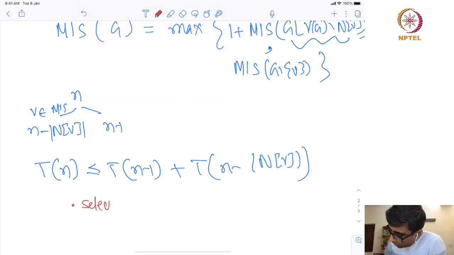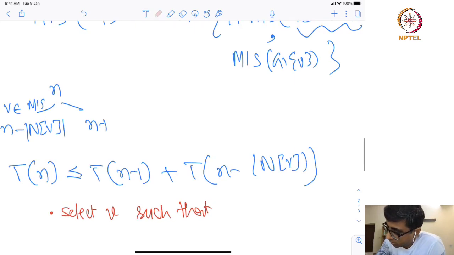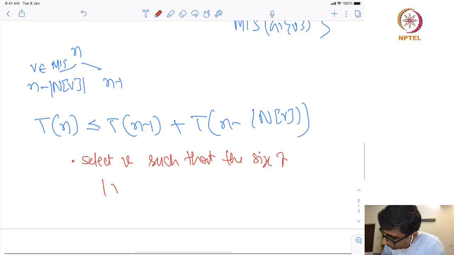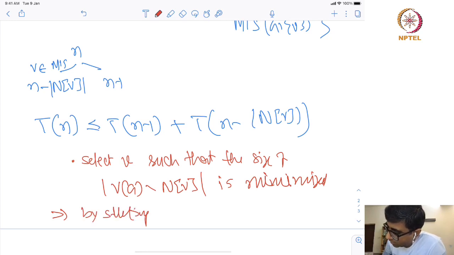We select V such that the size of its closed neighborhood is maximized, and that precisely happens by selecting a vertex of highest degree.